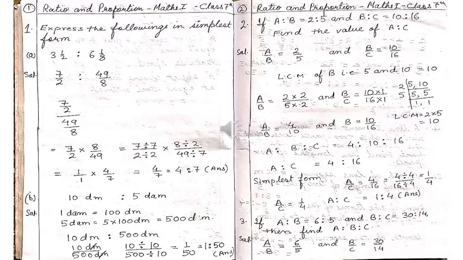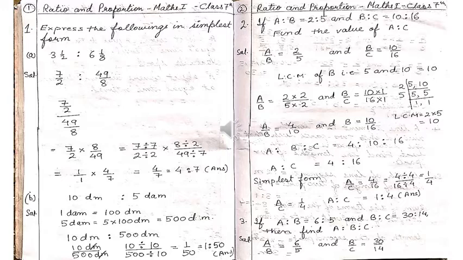Now A is to C you have to find. So you have already calculated 2 is to 8. You can further divide it. It will come 1 is to 4. Or what you should do is that you can take A and C, do not divide, just simply write A is to B is to C, and then if it is asked, you have to find A is to C, then 4 is to 16 is there on your screen.